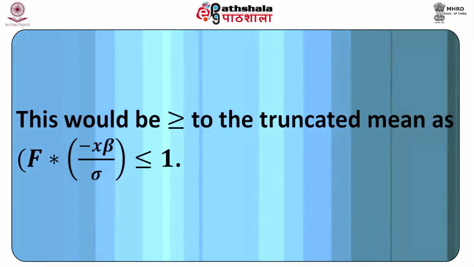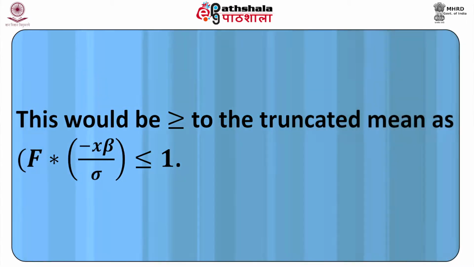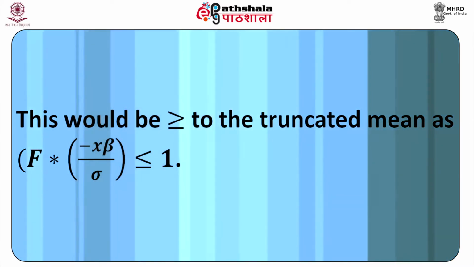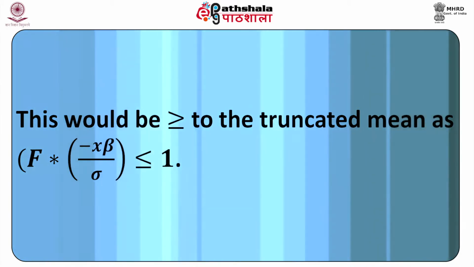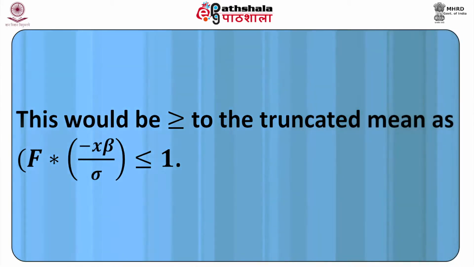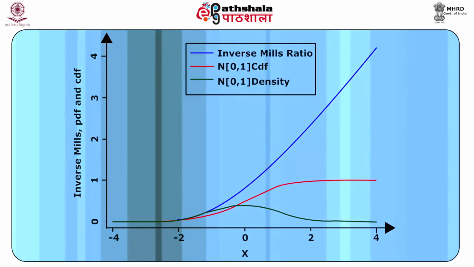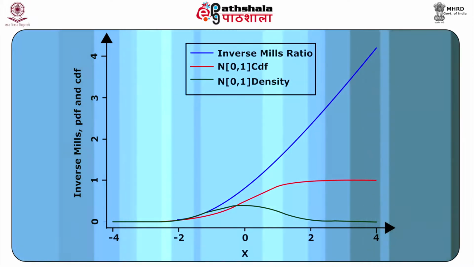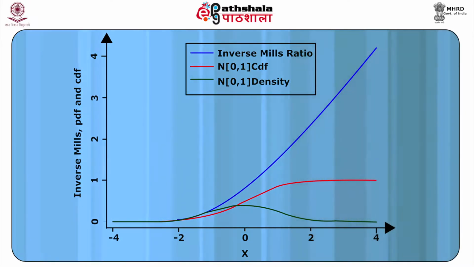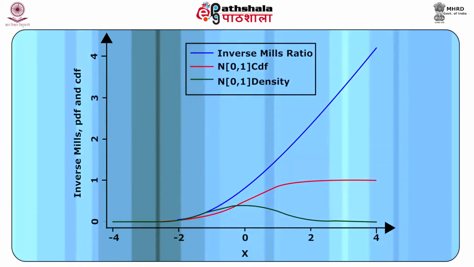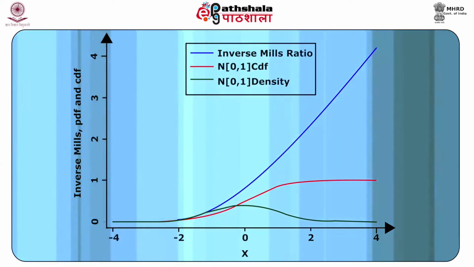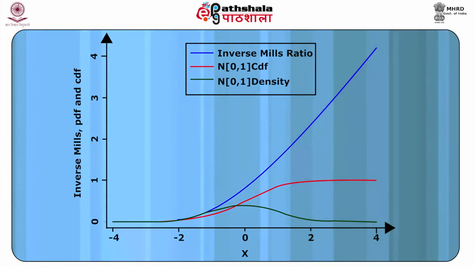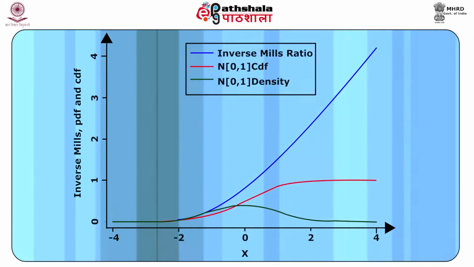Now this would be greater than or equal to the truncated mean, as we know that capital F of minus x beta upon sigma is less than or equal to 1. We can again look at it from graph 4, where we have the inverse Mills ratios as cutoff varies. Now it is clear from the Mills ratio in this graph 4, the difference in truncated and censored mean and normal mean would be more and more for positive values above the limit.